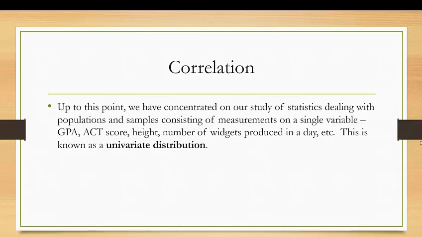All those kinds of things we're going to call univariate distributions. So when we spread the height of our class out and tried to figure out what percentage of people are taller than I am, what percentage of people have an IQ greater than 120, all that kind of stuff, we were looking at univariate distributions.